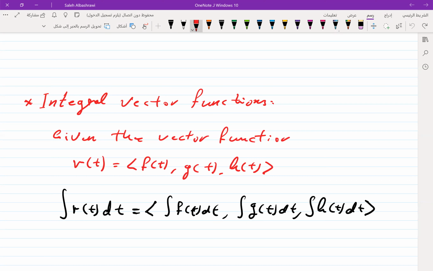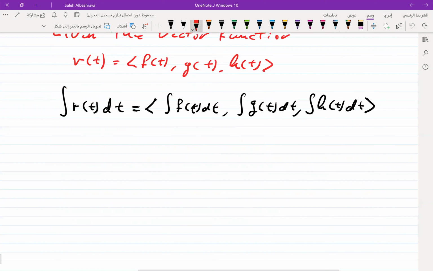For example, let's evaluate the given integrals.